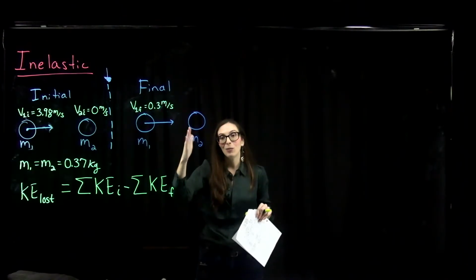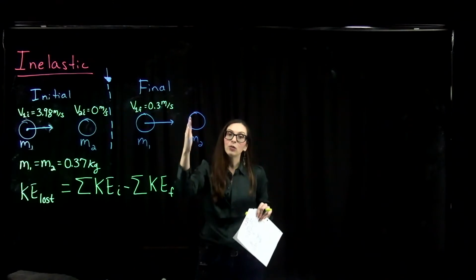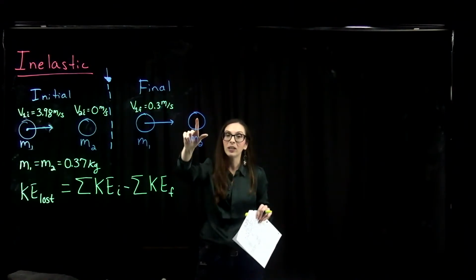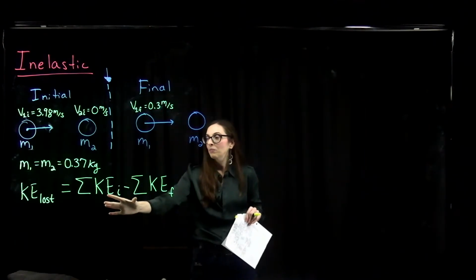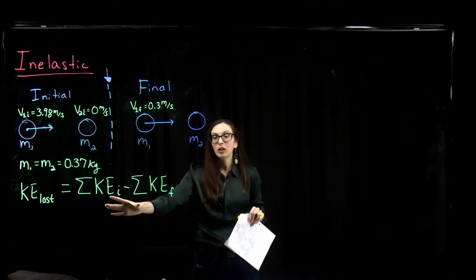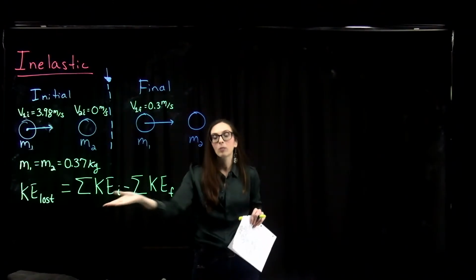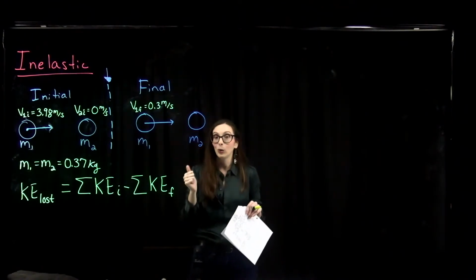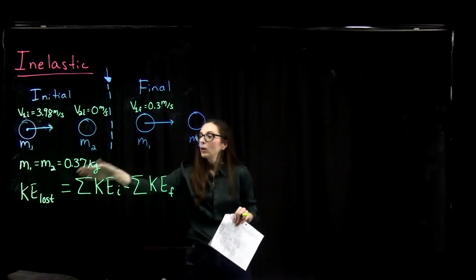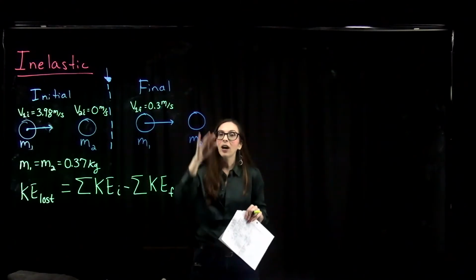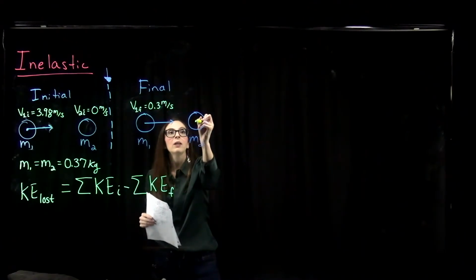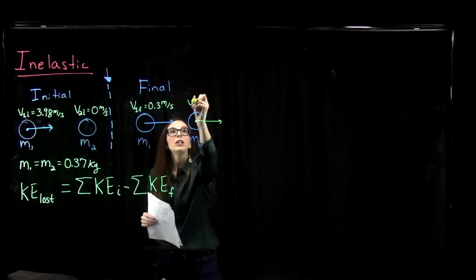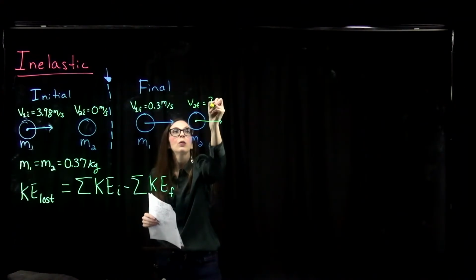So what we have to do in order to solve this problem is use conservation of momentum in order to find the velocity of my second mass, and then I can use that in order to find the kinetic energies of the initial and final system and subtract the two to get the energy that I lose. All right, so this is where we're trying to get to. We've got to find the velocity here of my second mass in order to get there after the collision. So V2 final equals question mark.